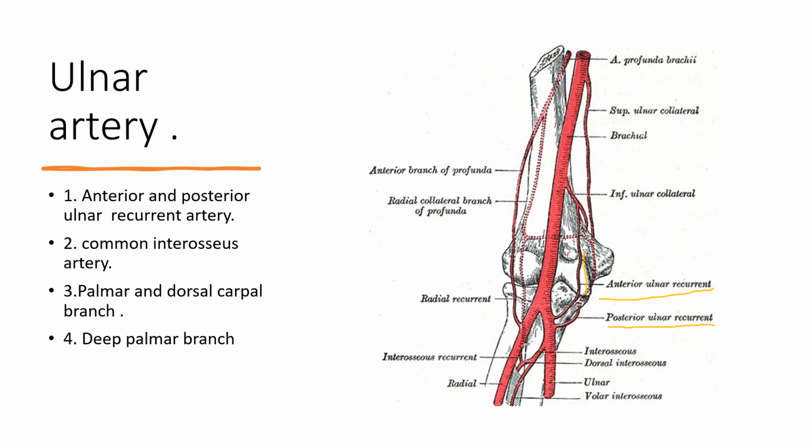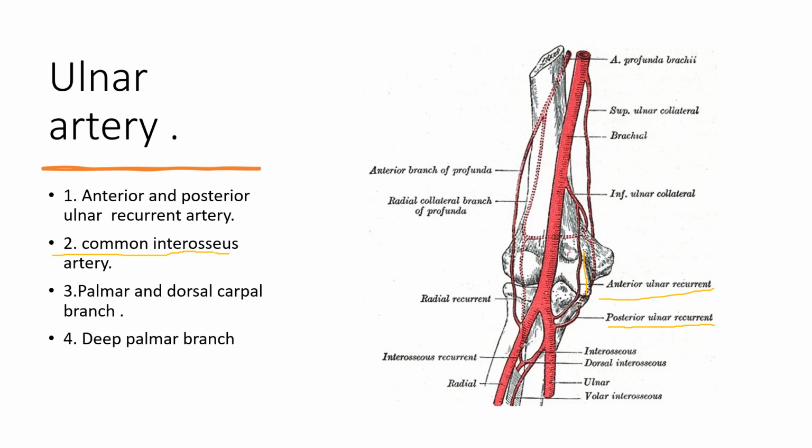Now the common interosseous artery. What do we mean by interosseous? Interosseous means related to the interosseous membrane between the radius and the ulna bone. So the common interosseous artery is also a branch of the ulnar artery.